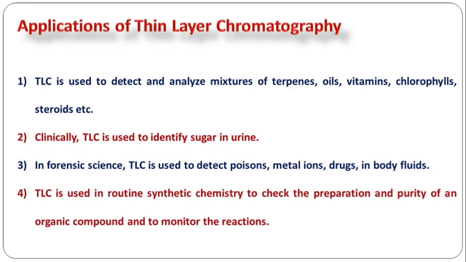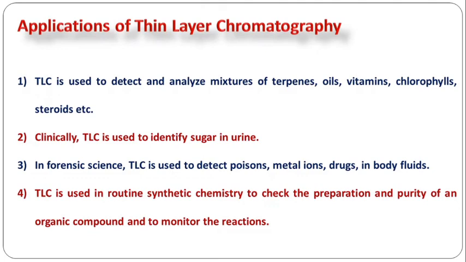TLC is used in routine synthetic chemistry to check the preparation and purity of organic compounds and to monitor reactions. So in organic chemistry, in research laboratories as well as industry, this can be used to check or monitor the reactions, to see how much of the reaction has proceeded.